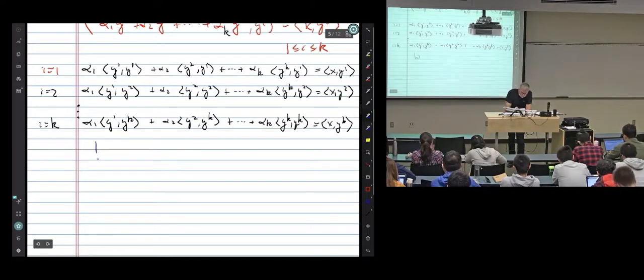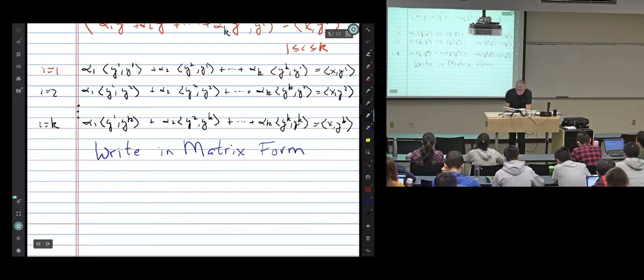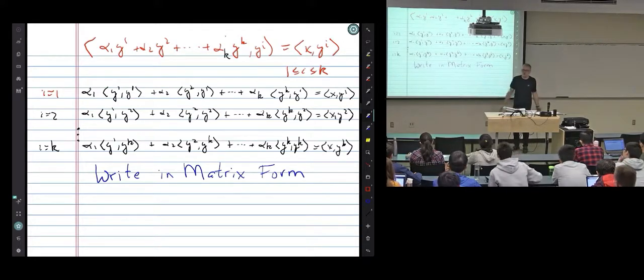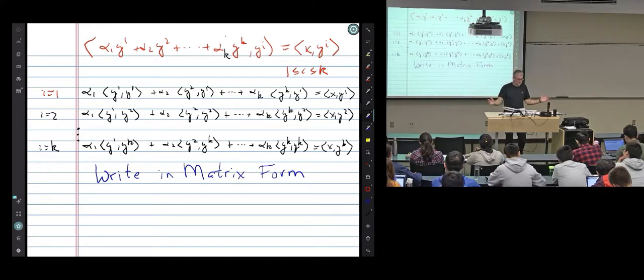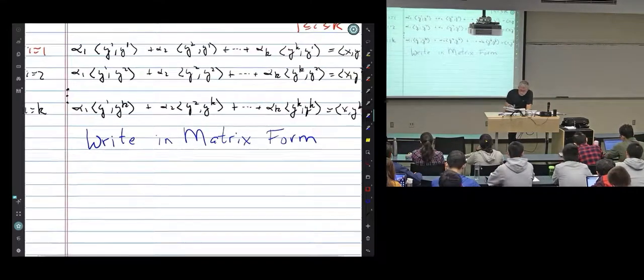You see? We've reduced this minimization problem to solving a set of simultaneous equations. It's just a matrix. It's totally, totally amazing.